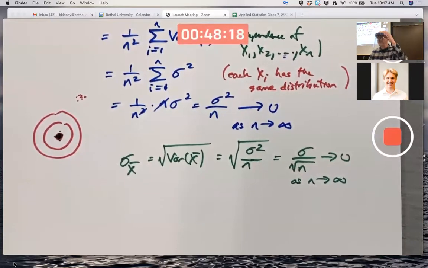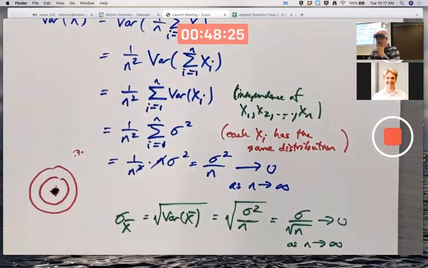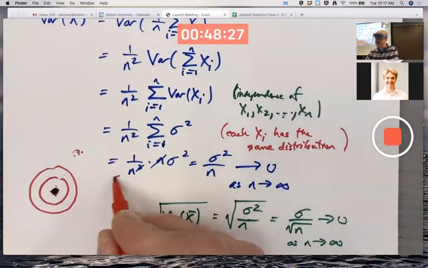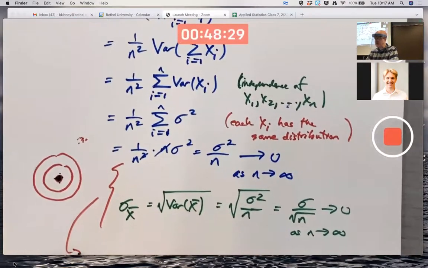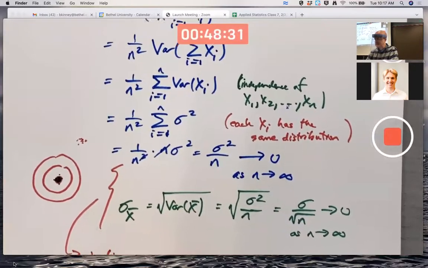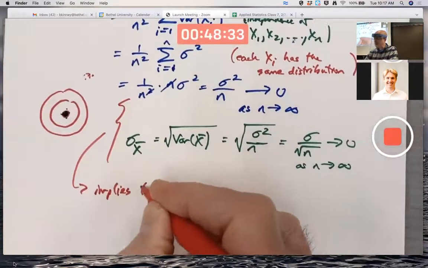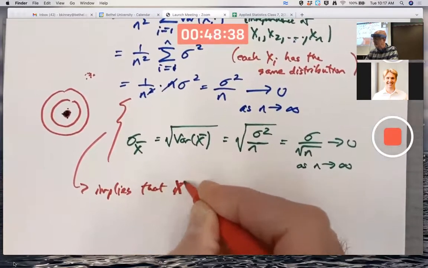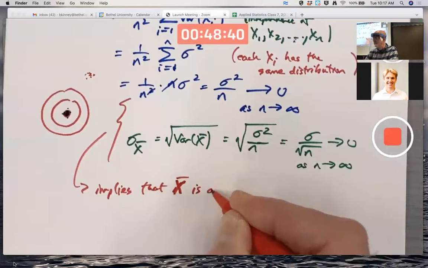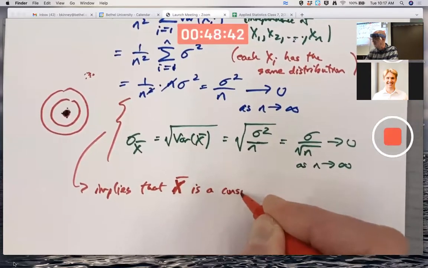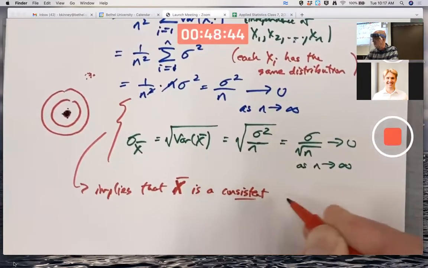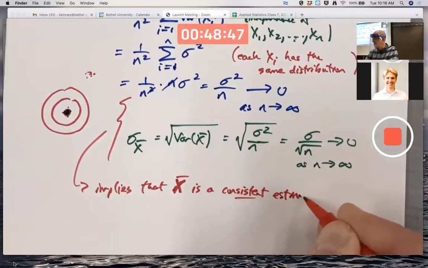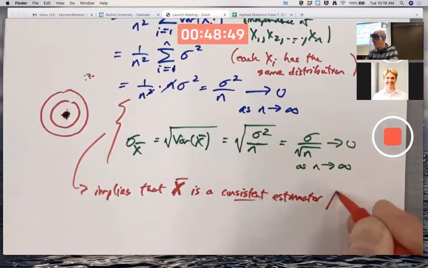The fact that the variance and the standard deviation here go to 0 as the sample size gets larger implies that x bar is what's called a consistent estimator for mu.